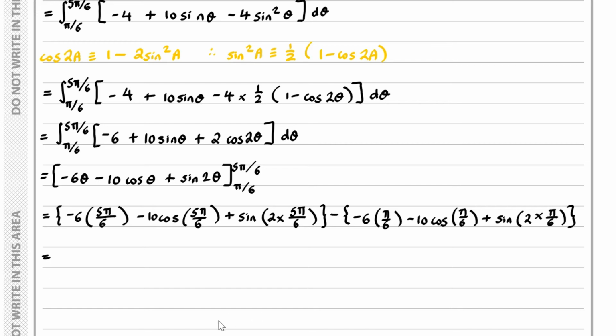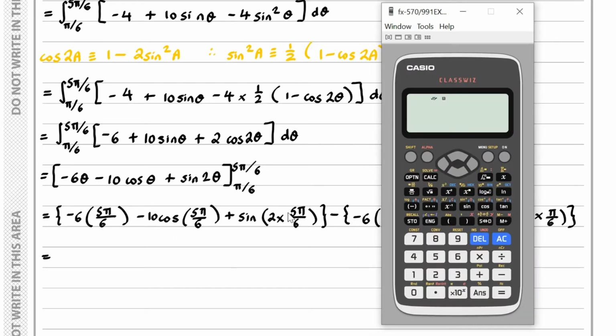So if we evaluate all of this, we've got minus 6 times by 5 pi over 6, so that's going to be minus 5 pi. And if we deal with these terms here, we've got minus 10 times by the cosine of 5 pi over 6 plus the sine of 2 times by 5 pi over 6.